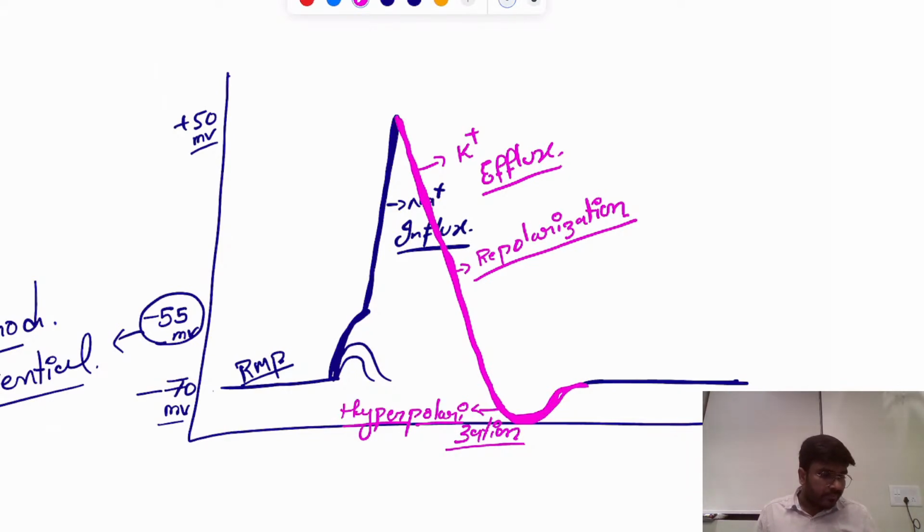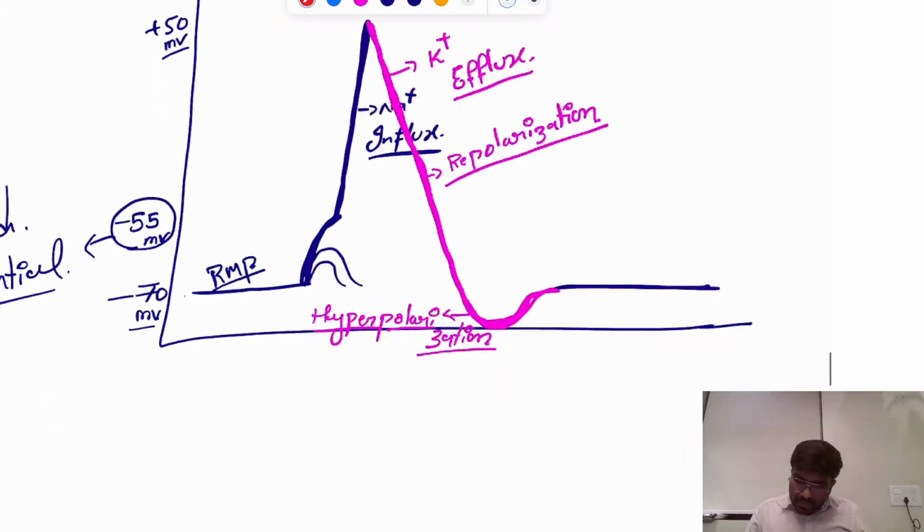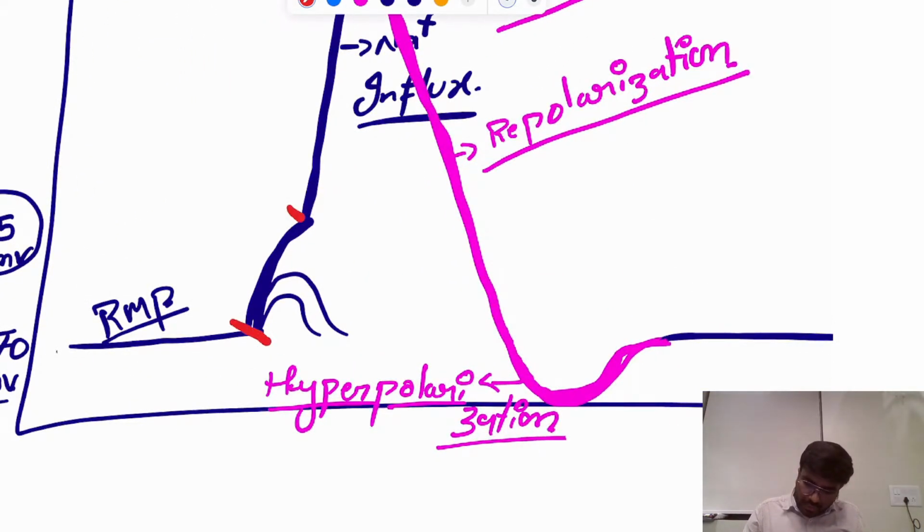Now, this phase which I am showing you, from here to here. What is this? Oscillation of the resting membrane potential from minus 70 to minus 55. This is called phase 1.